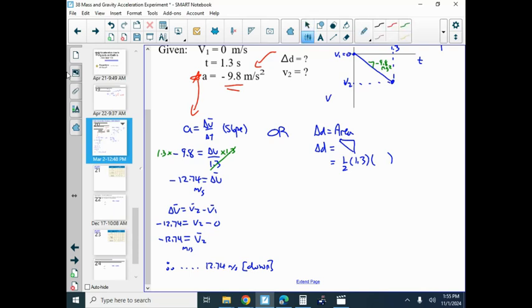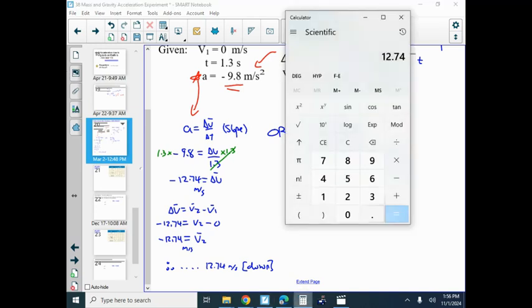But it's really optional at this point. It doesn't matter whether you include the negative there, but you're just going to need to conclude that it's a downward displacement, really, right? So 12.74. I'll put the negative in as a green there just to indicate that it's kind of optional at that point. Just the understanding isn't optional, if you want to put it that way.